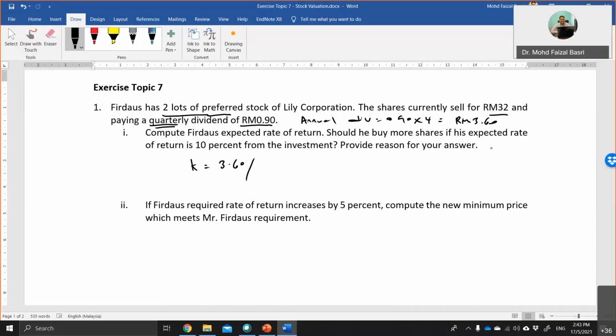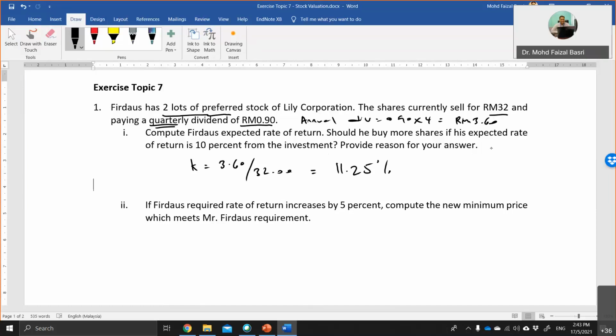And the current price is 32 ringgit. So 360 divided by 32 ringgit would be 11.25%. 11.25%. So this is the rate of returns for this investment.